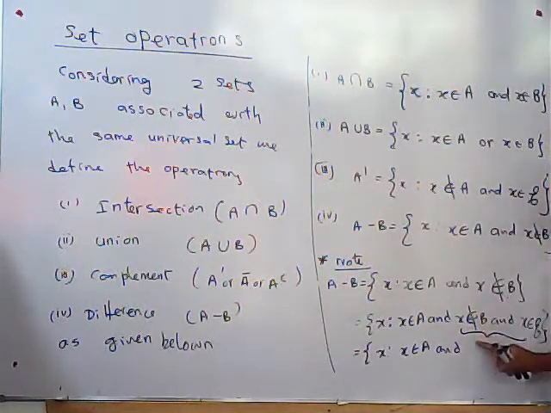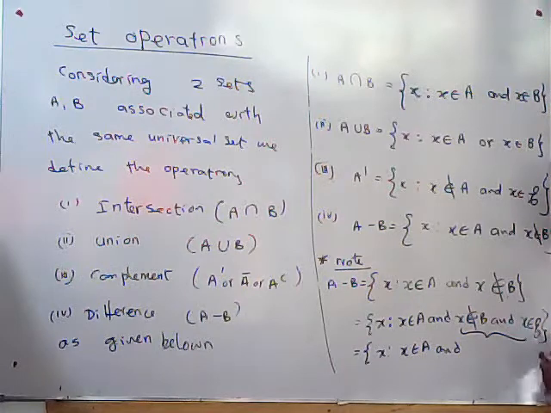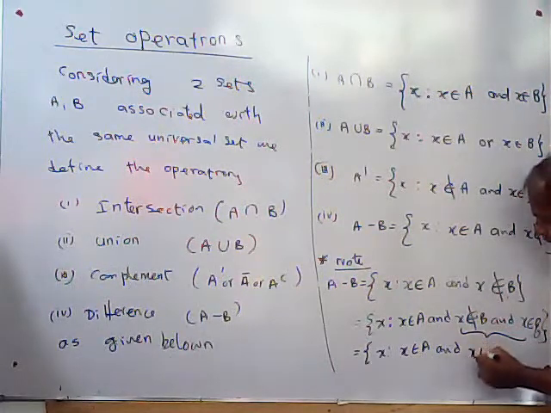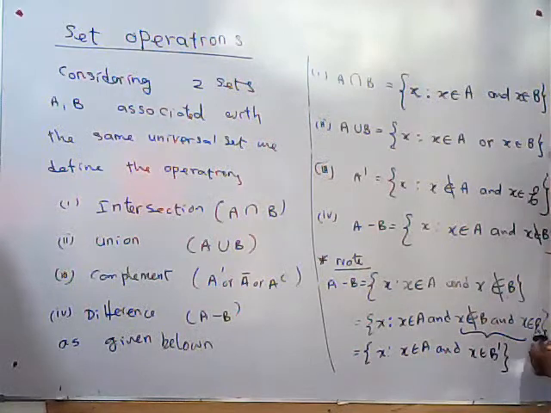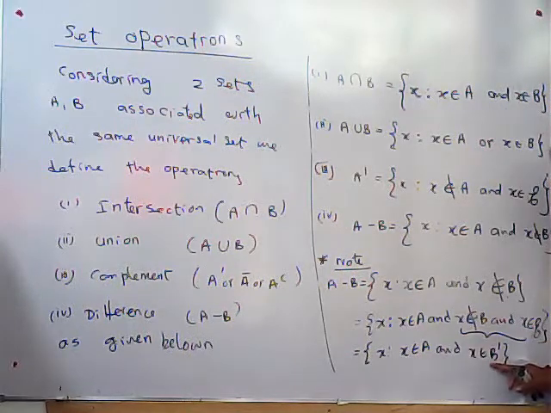So here, similarly, x is not an element of B and x is an element of the universal set. It says x belongs to B dash. Now we have x belongs to A and x belongs to B dash.